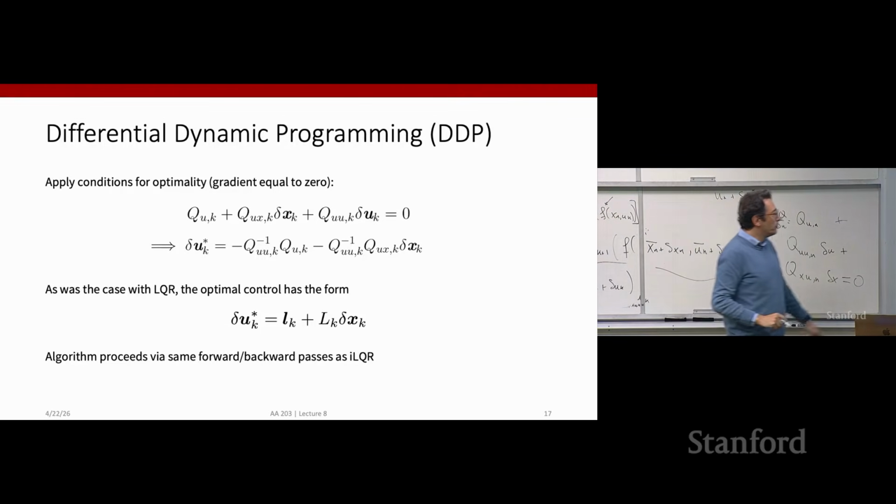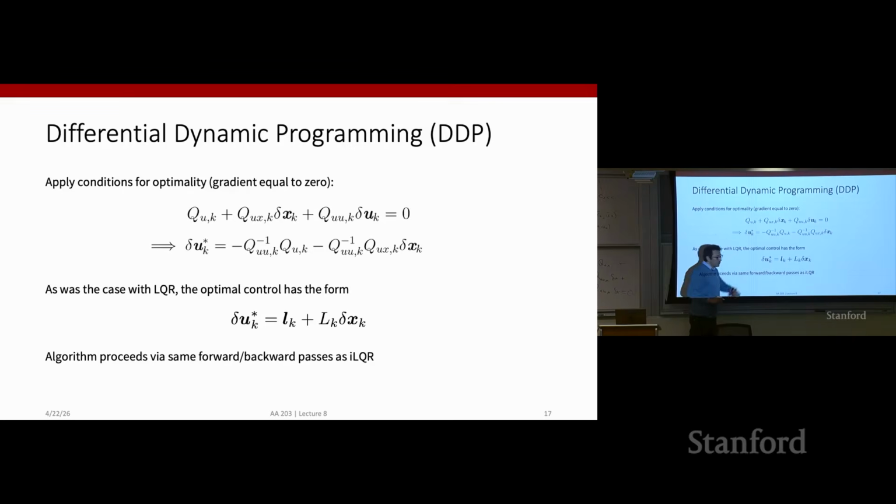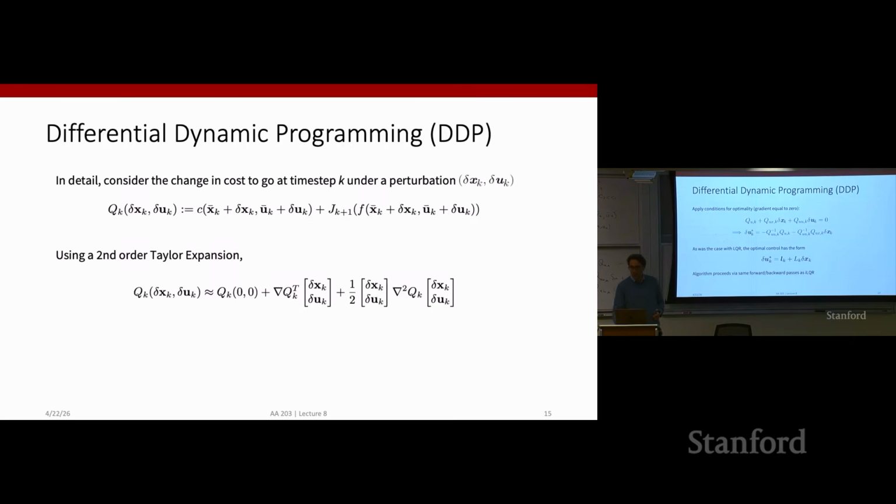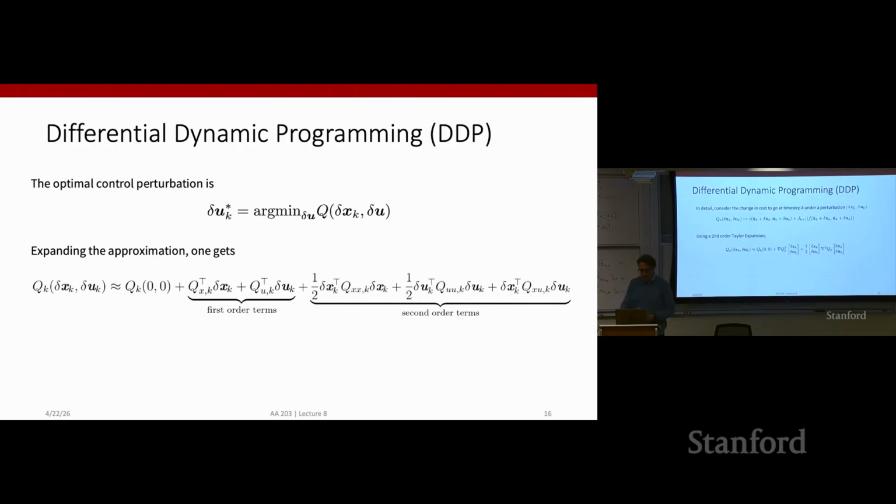So you plug this delta u back into here. So what you get is a solution for Q in quadratic form, which means that now your optimal cost to go is also a quadratic. And then you go one step backward.